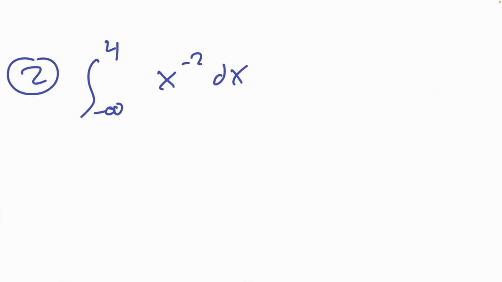Here's the second example. Let's find the integral from negative infinity up to 4. So you can see I put the infinity sign as the lower bound, of x to the negative 2 dx. Since it's the lower bound, this leads to the limit as a goes to negative infinity of the integral from a to 4 of x to the negative 2 dx.